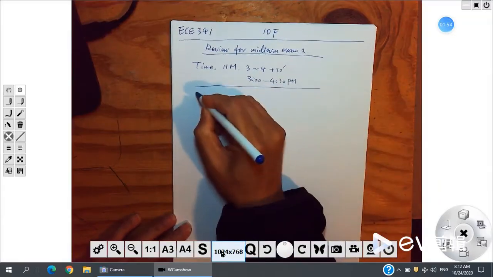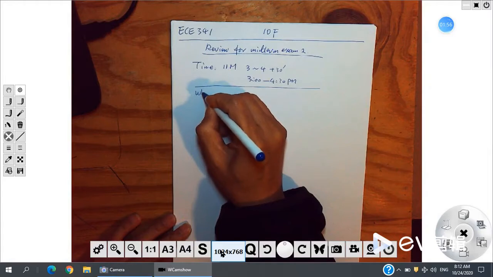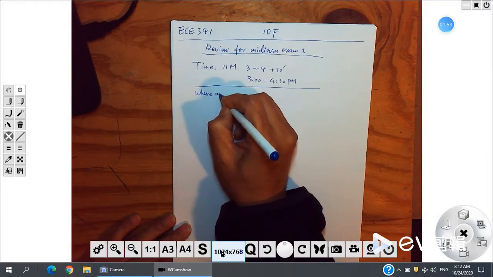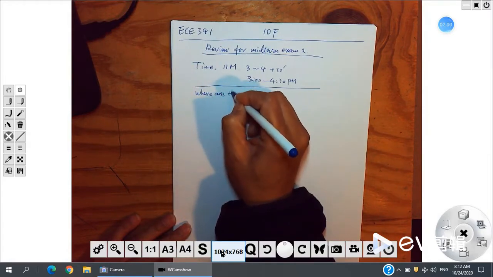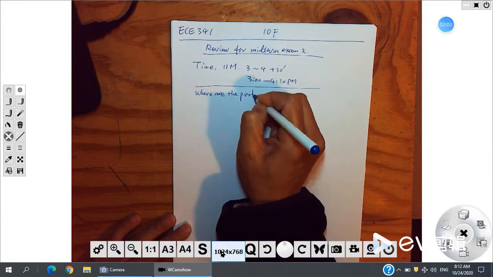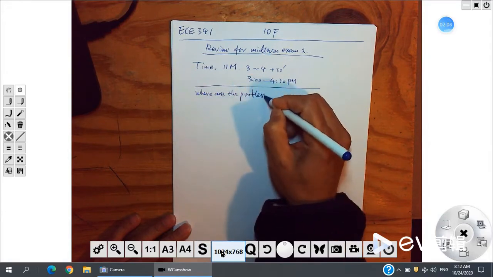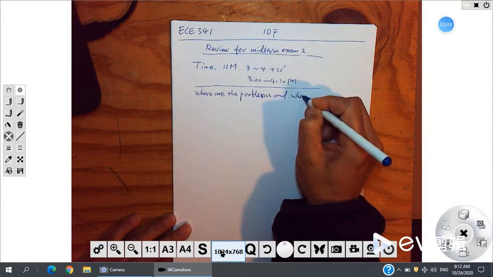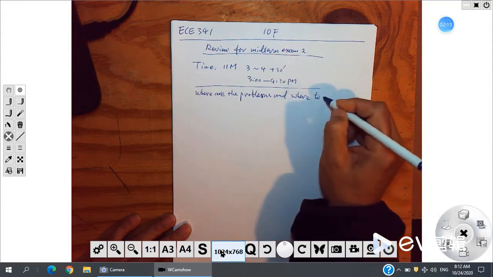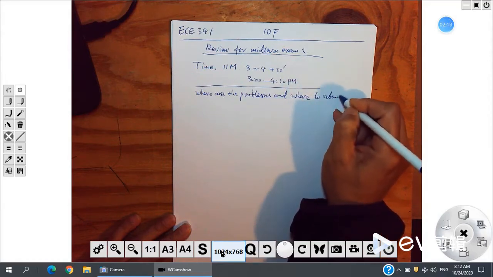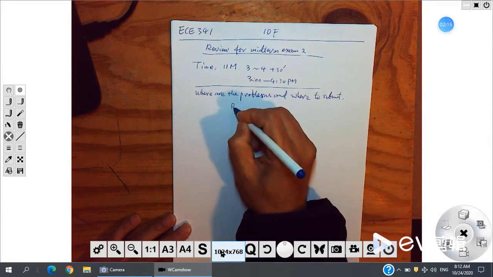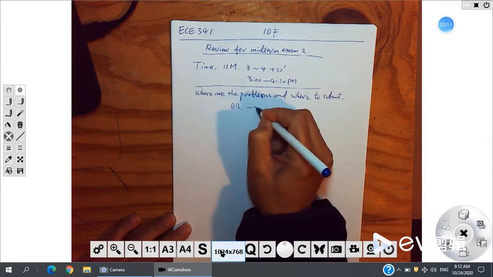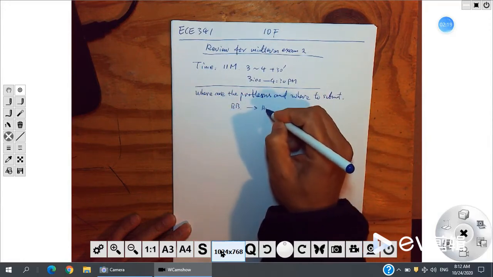And where do you need to submit the problems? In the Blackboard, you go to the assignment and test.